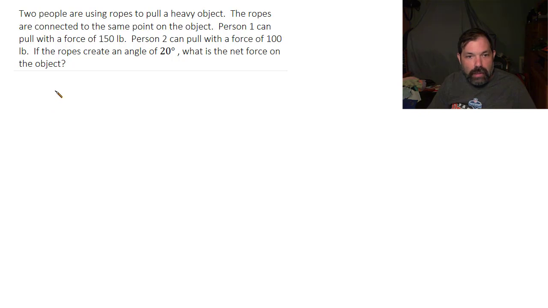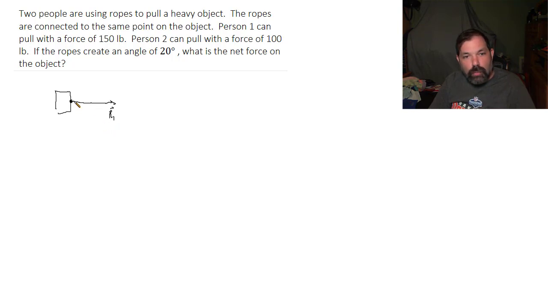All right, so we have this heavy object, and we have two ropes connected, and we know that the ropes create an angle of 20 degrees. It doesn't say in any particular direction, so I'm going to put some conditions on this. Here's rope 1, and I'm going to say that rope 1 is pulling in the horizontal direction.